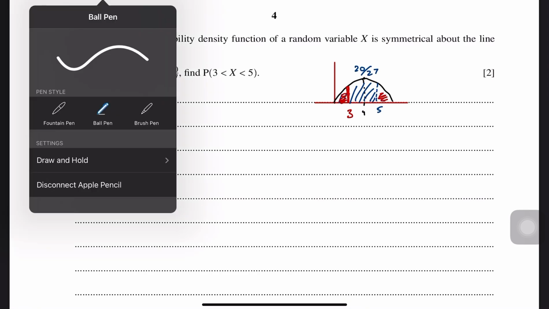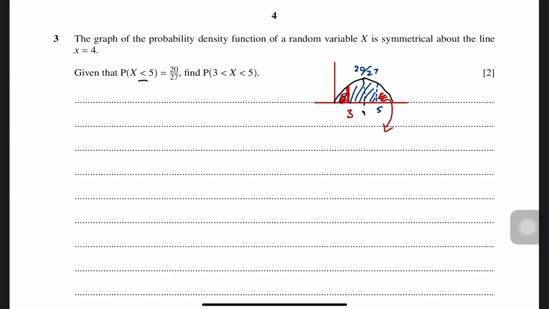Since there's a symmetry, this area should be equal to this area. Now for this red area, I can say that it's 1 minus 20 over 27, which is 7 over 27. And if I want to find the probability of X between 3 and 5, it's 1 minus 7 over 27 minus 7 over 27, both red areas being subtracted.